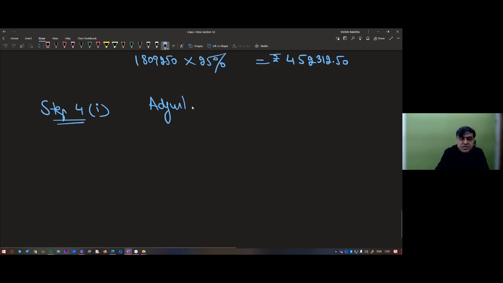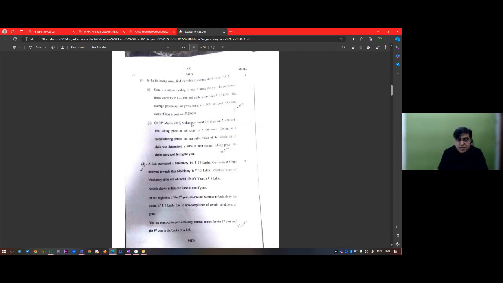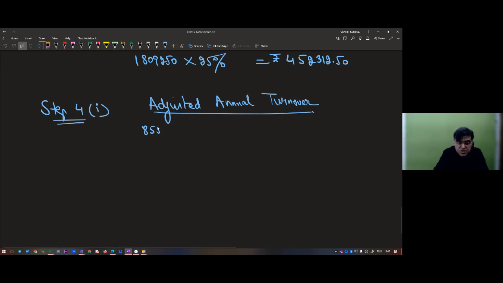Adjusted annual turnover is last year's turnover, 85 lakhs, minus Q1 plus 15%, plus Q1 of the current year.